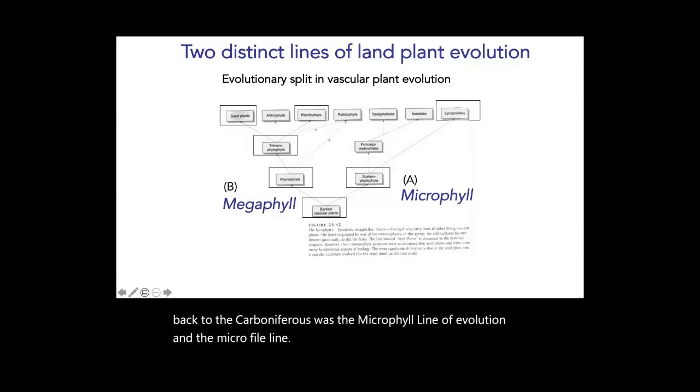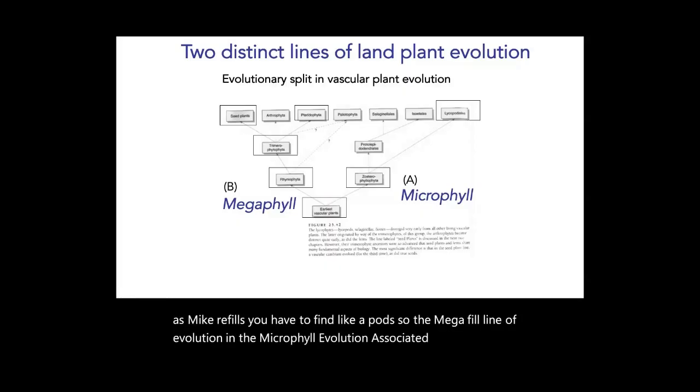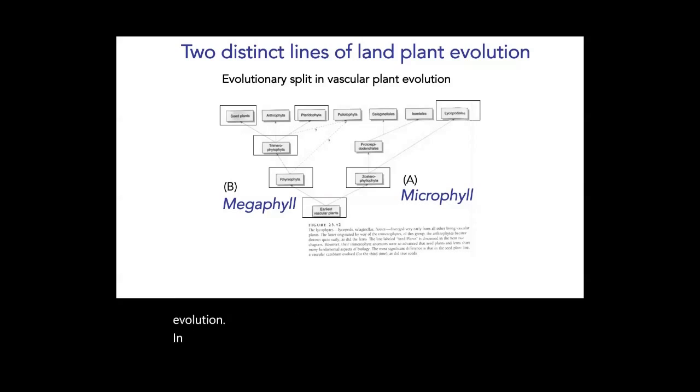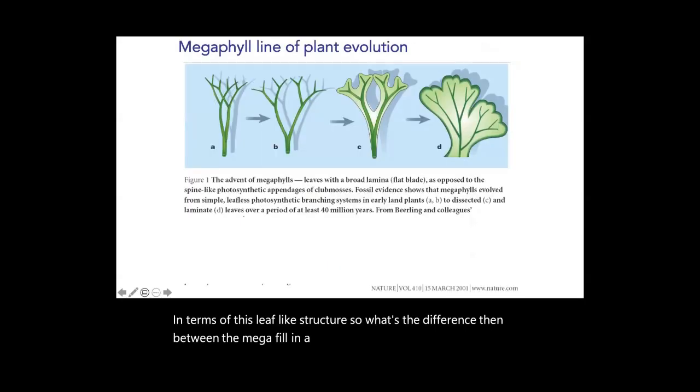If you want to see these leaves, which are known as microphylls, you have to find lycopods, okay? So the megaphyll and microphyll lines are associated with convergent evolution of this leaf-like structure, okay? So what's the difference between a megaphyll and a microphyll? All right, well, we can go into a little bit more of those details now.